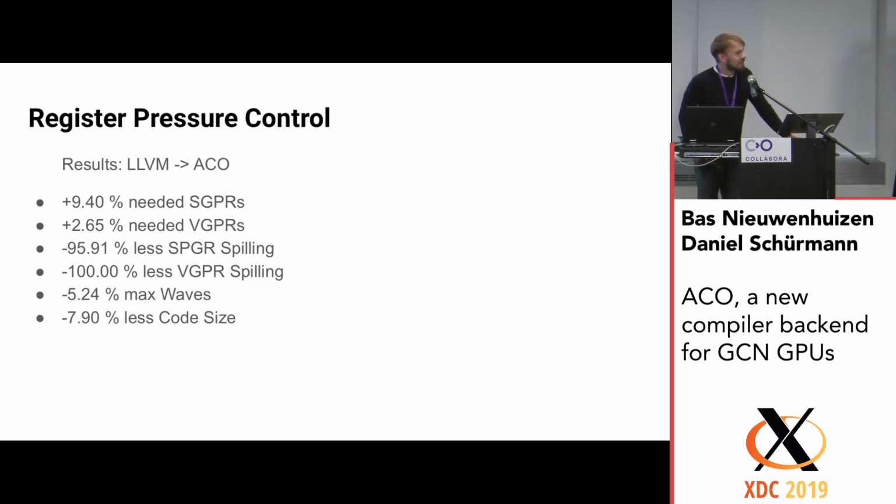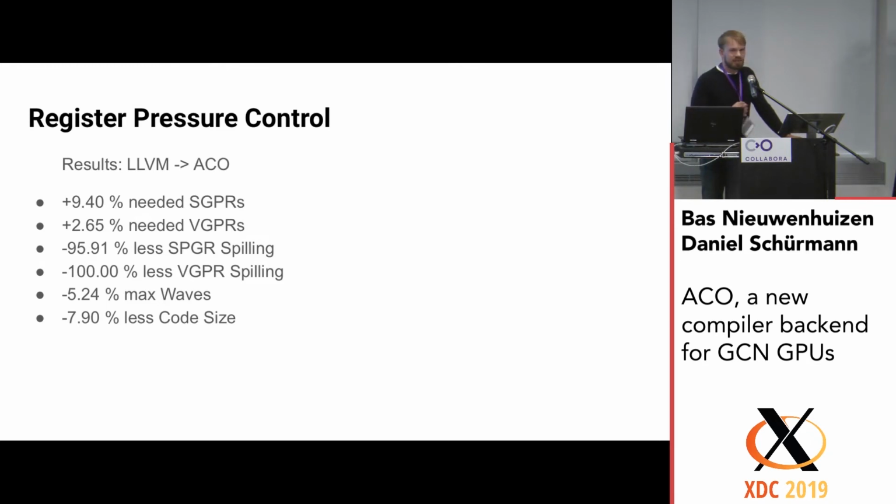But at the same time, ACO manages to decrease the spilling by 95% for SGPRs and by 100% for VGPRs. And I think that's quite extreme, to use more registers and at the same time have less spilling.